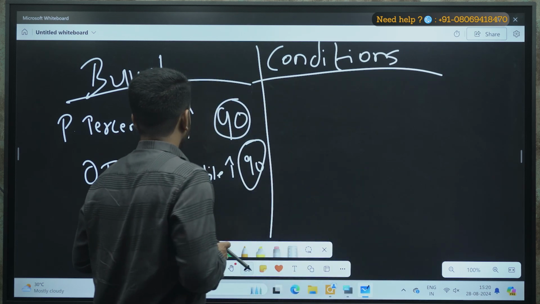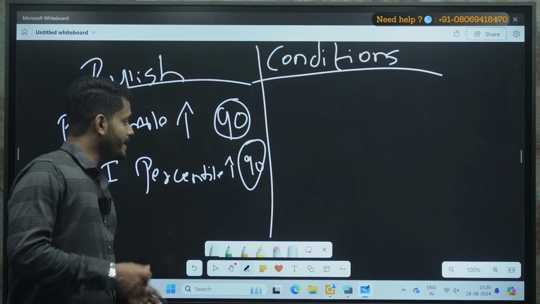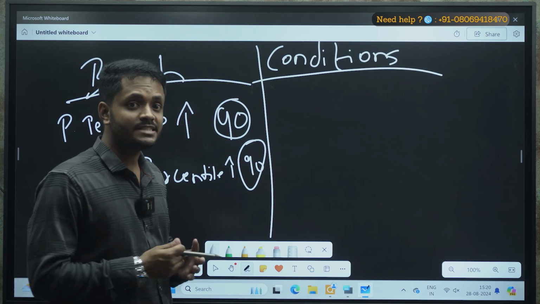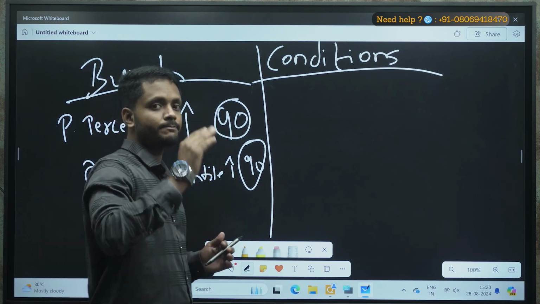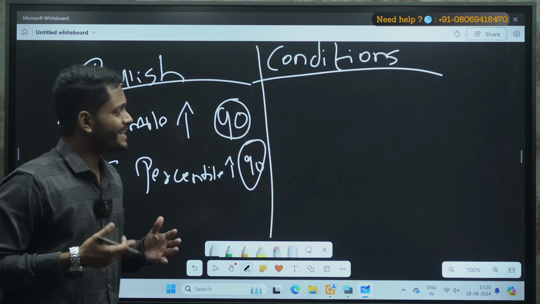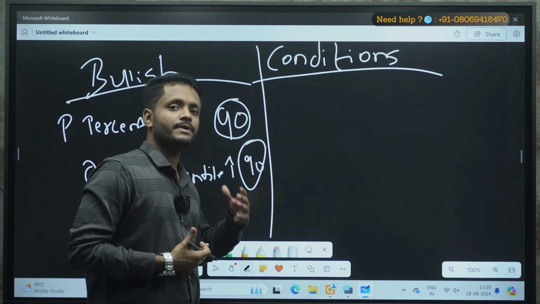So whenever you are expecting a breakout, make sure that there is enough participation to push the price. When participation is not there and the price is simply moving, there is a possibility that the price might retrace anytime.